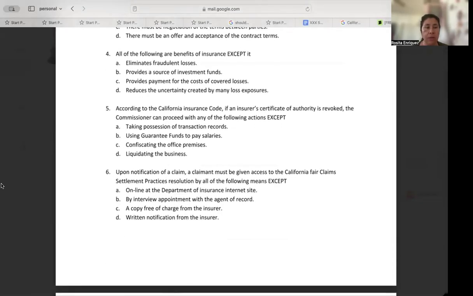Yes, that is correct. I just checked. Sorry about that. So the answer for number five is B, using guarantee funds to pay salaries.